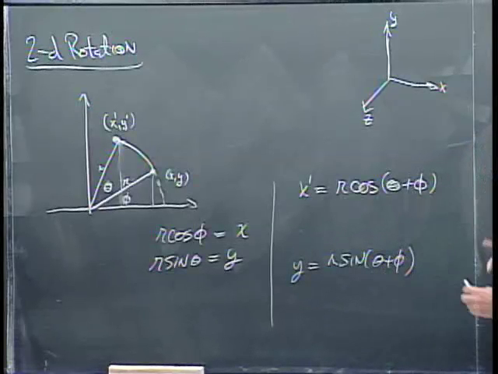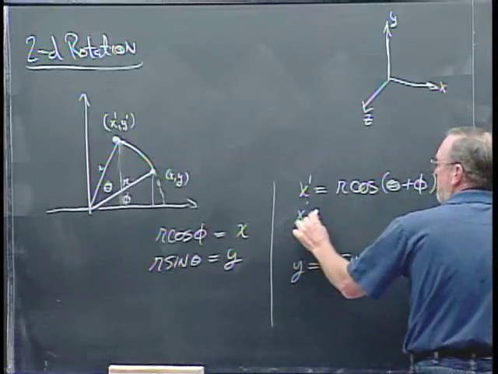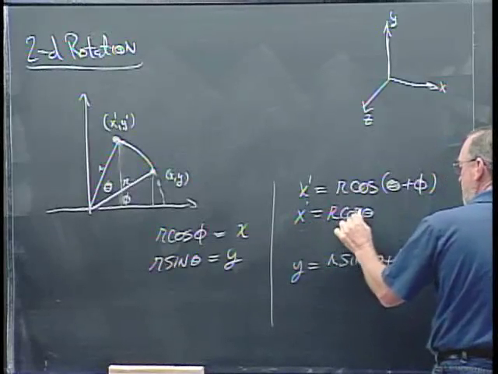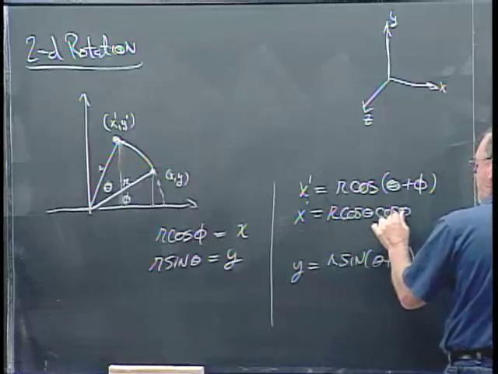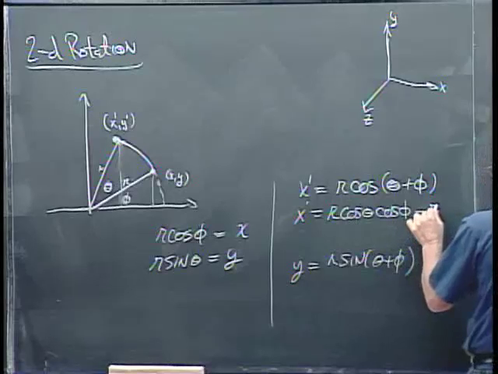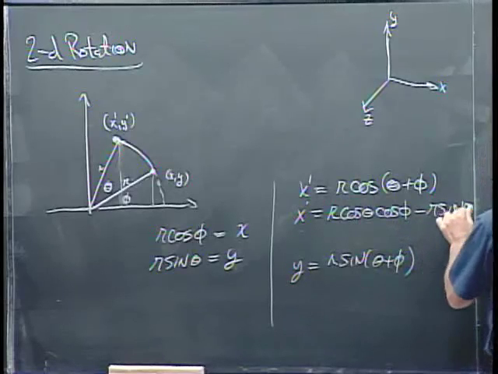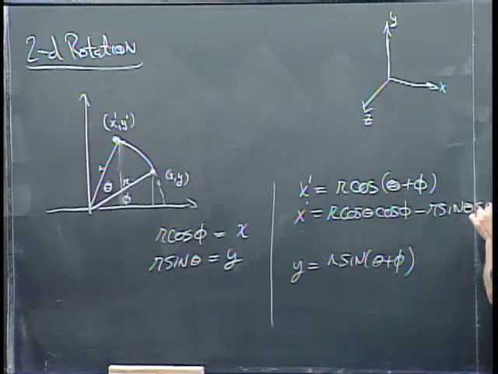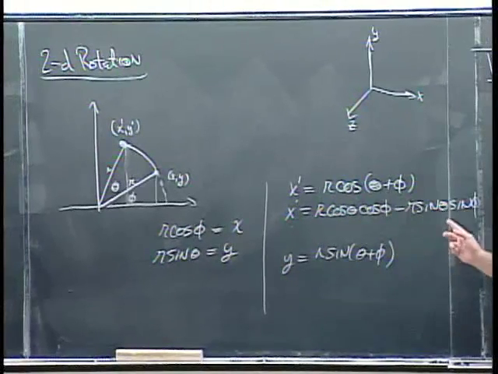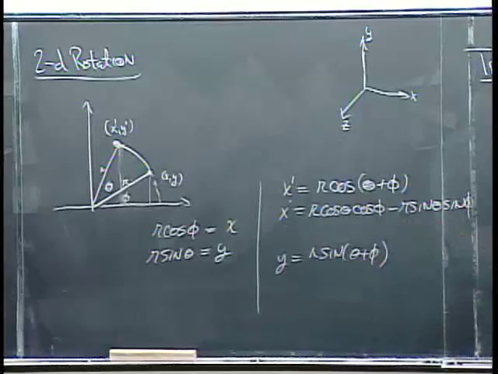If I write this out, I get x prime is equal to r cosine theta cosine phi minus r sine theta sine phi. That's one of the two trig identities you have to know to do trigonometry correctly.